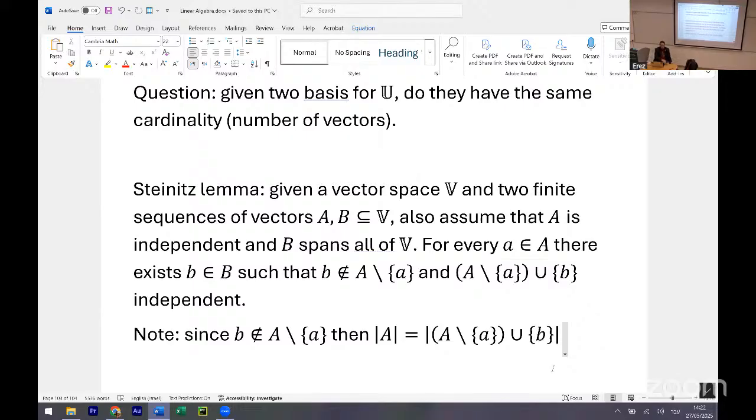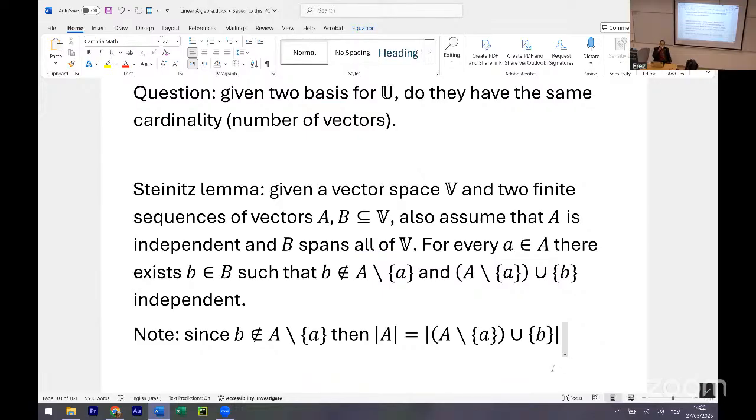You will see the contradiction later. My intent is to talk about two different bases. Bases are independent and spanning, so it's completely fine to assume one is independent and the other spans the entire vector space.